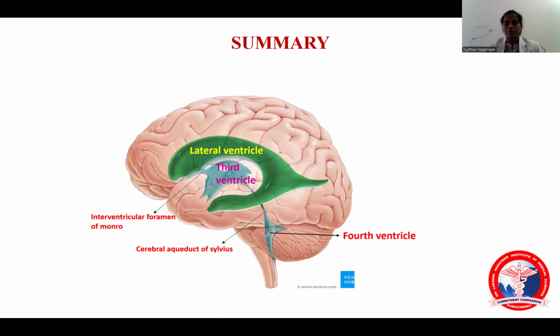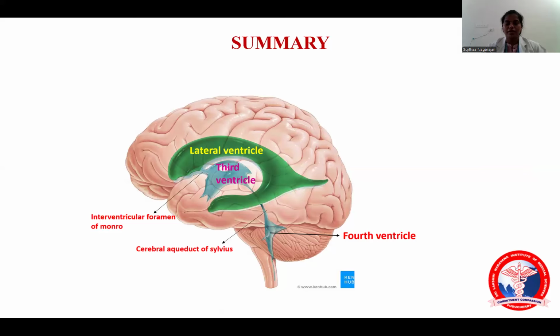From the subarachnoid space, it is absorbed through the arachnoid villi into the venous blood of the dural venous sinuses. This is the whole CSF circulation. Anywhere there is obstruction to the flow of CSF, there is a chance of hydrocephalus and the ventricles will be enlarged.